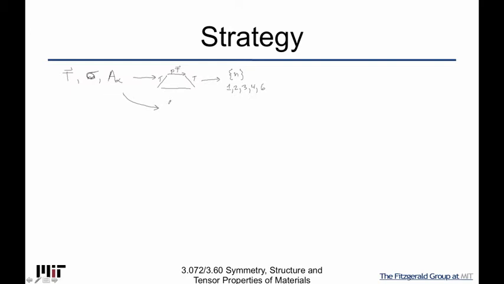the 2D nets, which was the primitive parallelogram or oblique, whichever you wanted to call it, the square.